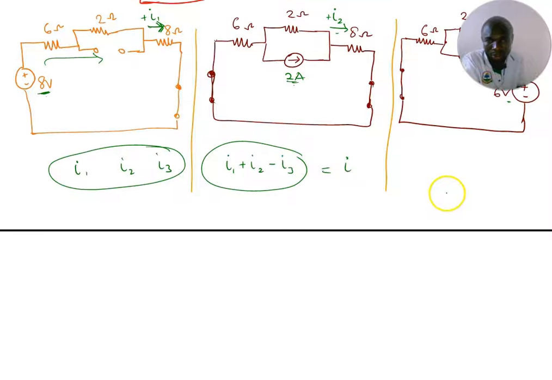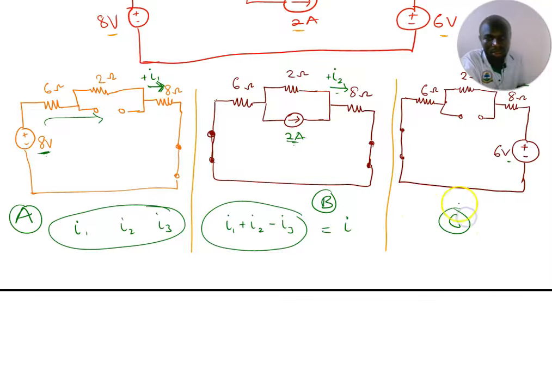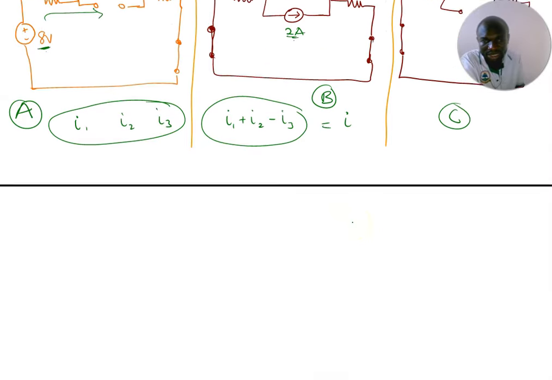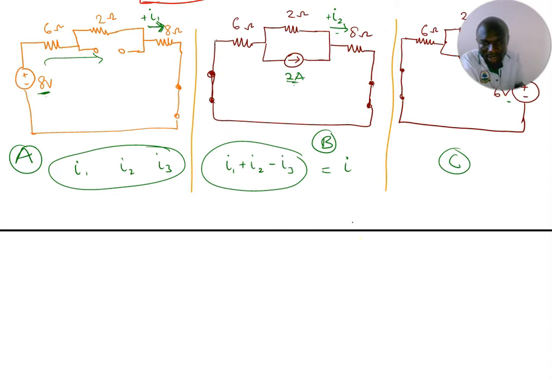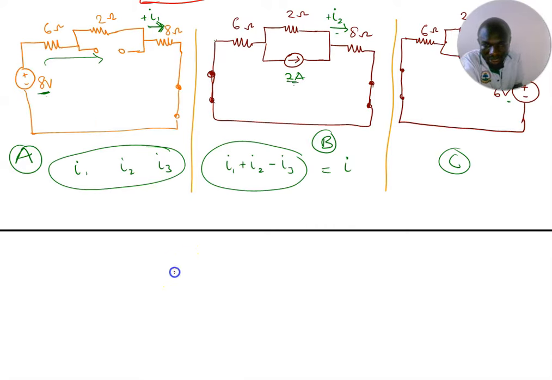Very, very simple. So let me label this circuit as circuit A, circuit B, and circuit C. So let's first solve circuit A. This is how circuit A looks like.